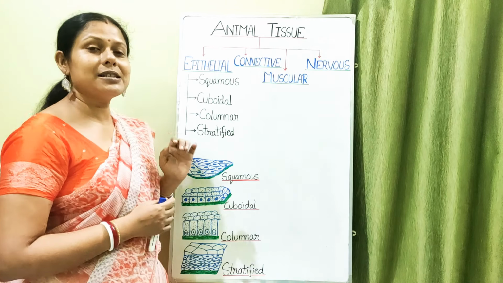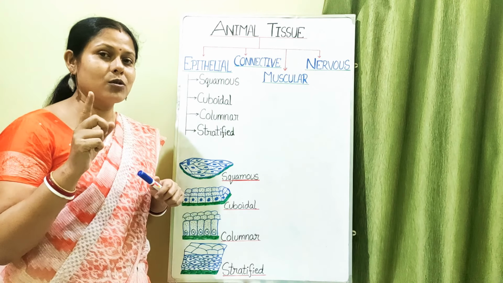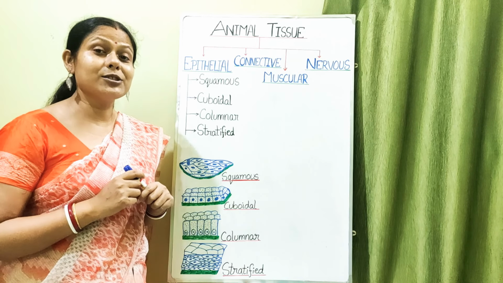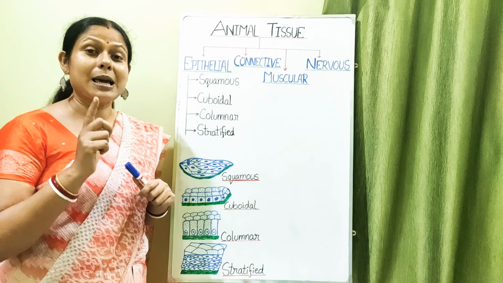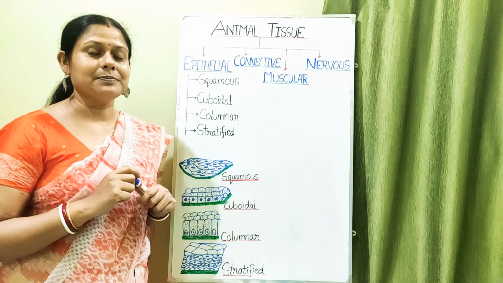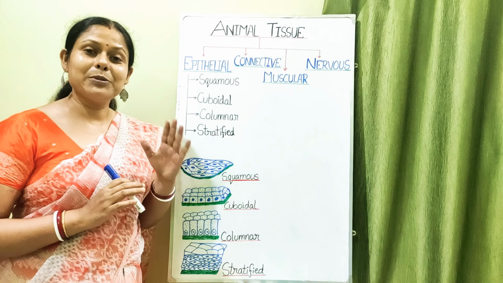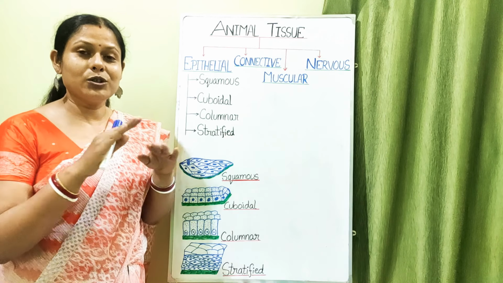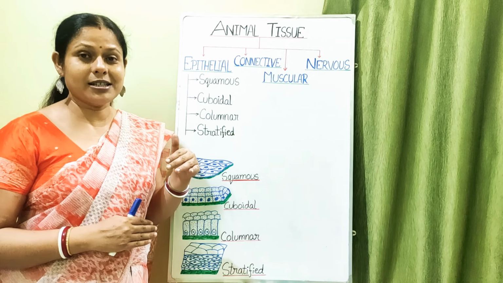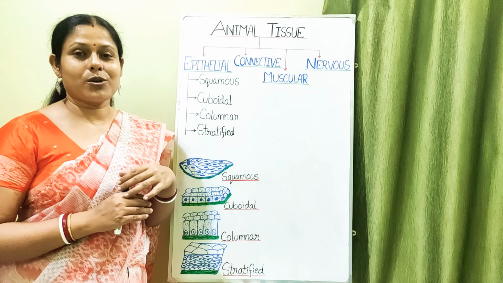Now this epithelial tissue, this word epi, E-P-I, have you ever come across this word before? I hope you remember that in plant tissue we have read about epidermis. And we have read about epiblema. So what were those? The epidermis was the tissue which was covering the other internal plant tissues, and it was protecting them.